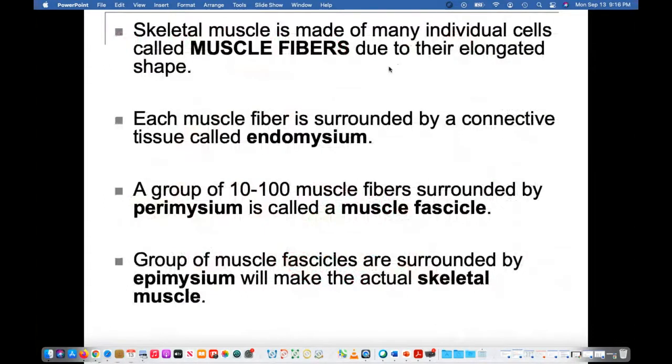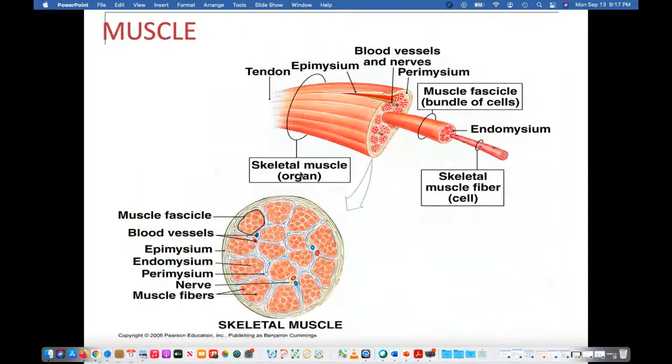Each muscle fiber is surrounded by a connective tissue called an endomysium. Then we have a bunch of these little endomysiums surrounded by another layer called a perimysium, and this is referred to as a fascicle.